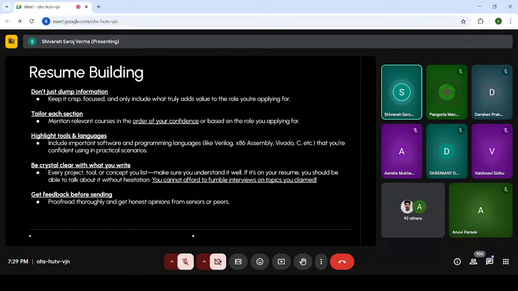Whatever you put in the project section, please be sure that you know every word of it. For example, in my resume, in the project section, I put a project on robotics I had done as part of my SOP. And the first thing the interviewer asked was, what kind of board did you use to make the robot? Was it a microprocessor or a microcontroller?